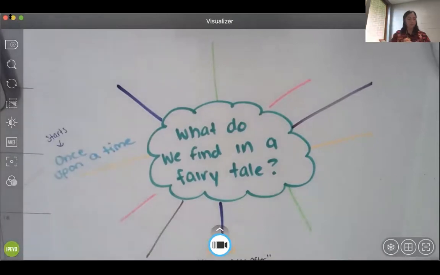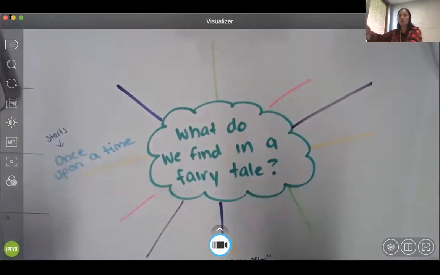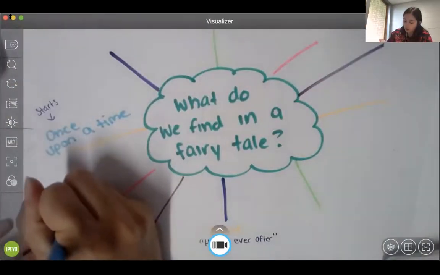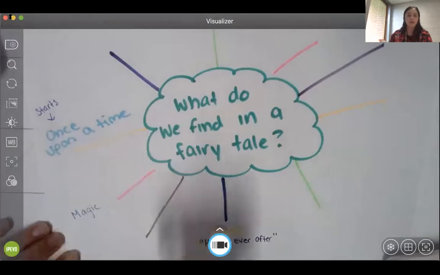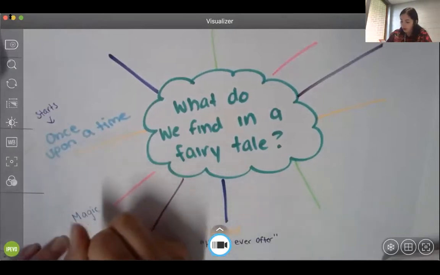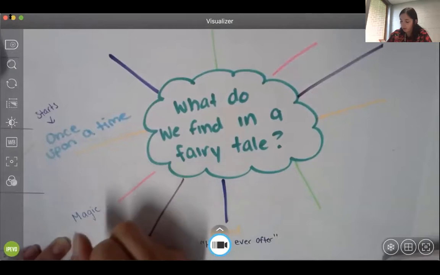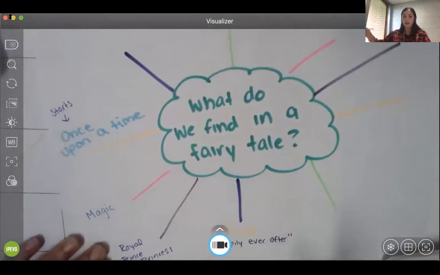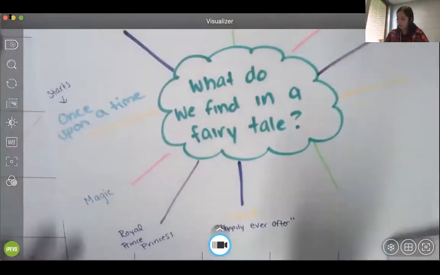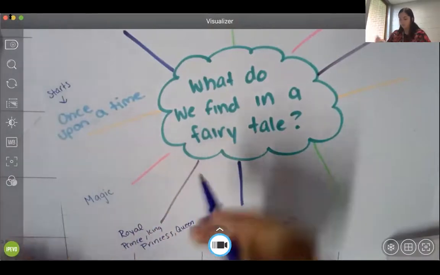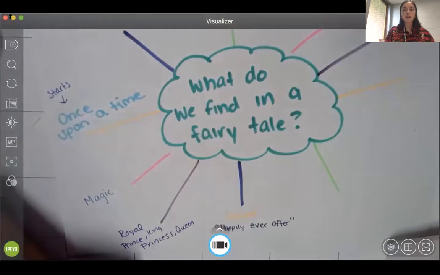All right, some other elements that were in the story were magic. There's a fairy godmother, other magical things, witches, wizards, things that could be in your fairy tale. There were royal characters. So we had princes, princess, a king and queen.